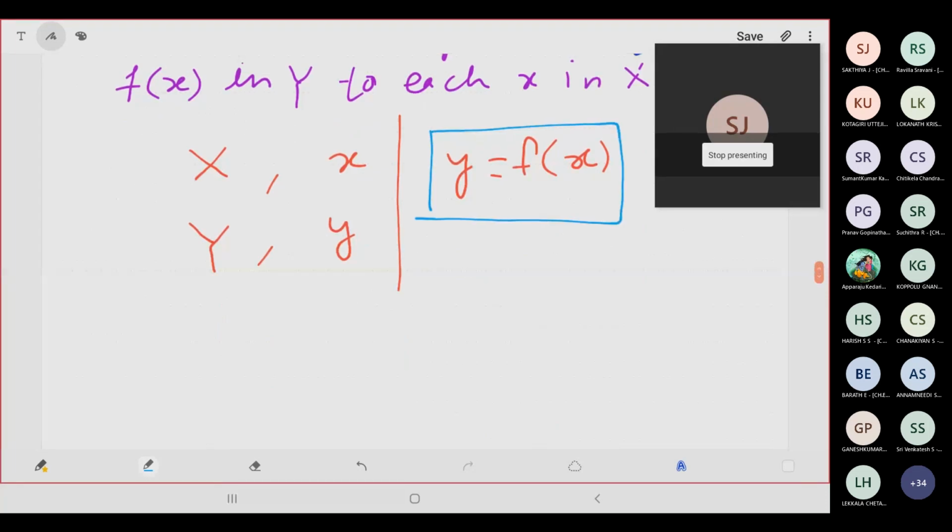So in that case, you can say that capital X is the domain.